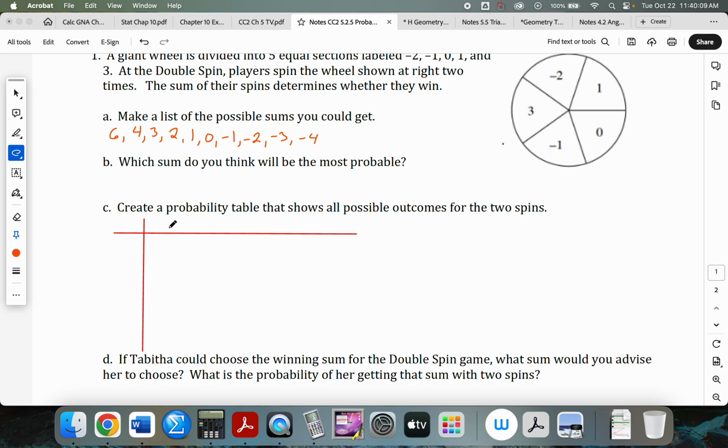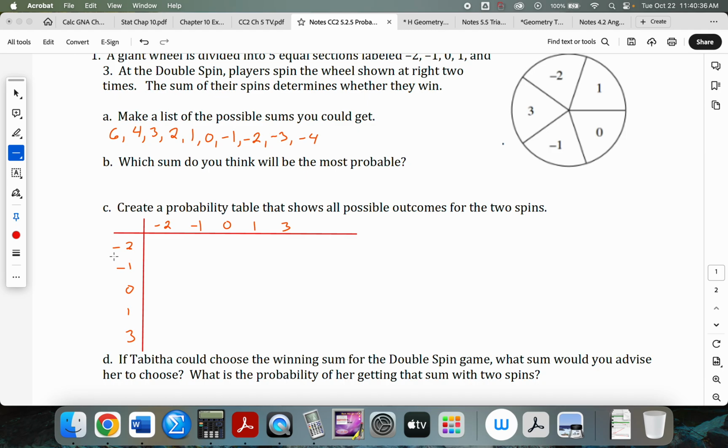Do you want to go greatest to least or least to greatest? Least to greatest. Okay. So -2, -1, 0, 1, and 3. And let's do the same thing over here. -2, -1, 0, 1, and 3.